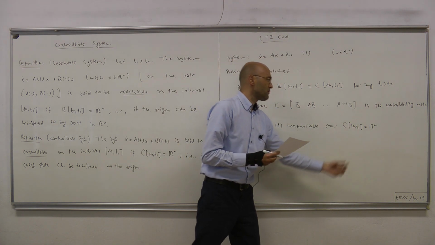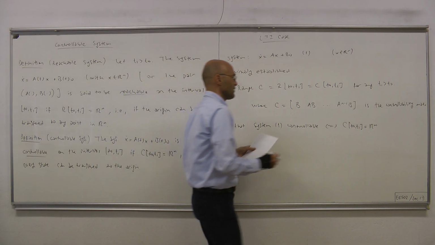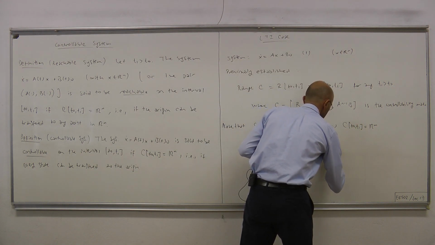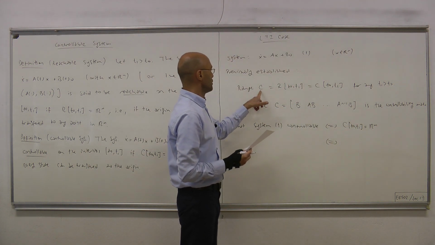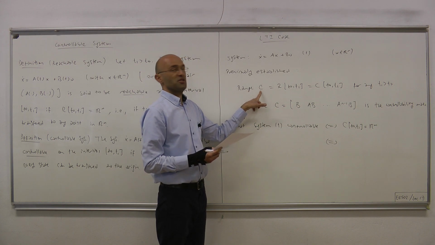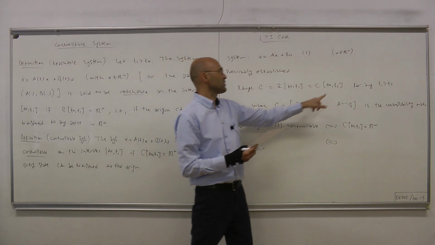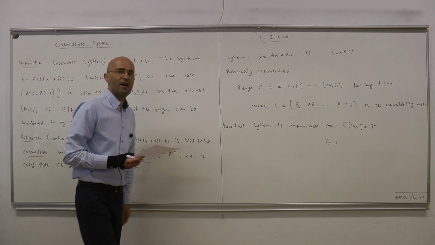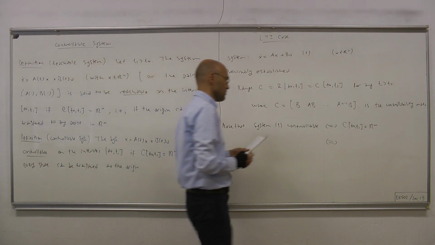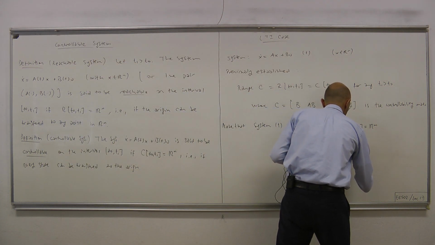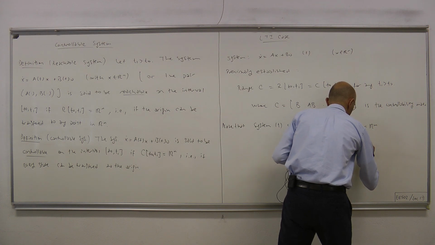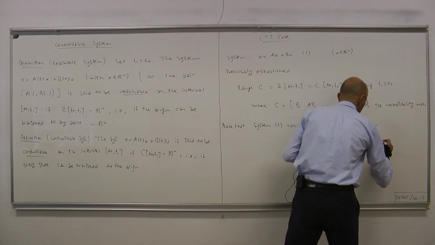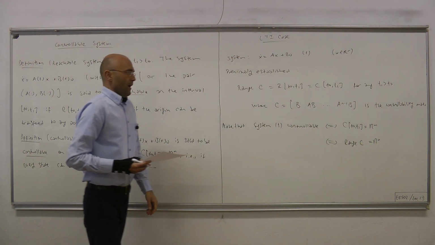System 1 is controllable if the controllable subspace is Rn, and the controllable subspace is Rn if and only if the range space of C is Rn, because the range space of the controllability matrix and the controllable subspace we have shown to be equal. So we can say that system 1 is controllable if and only if the range space of C is Rn.